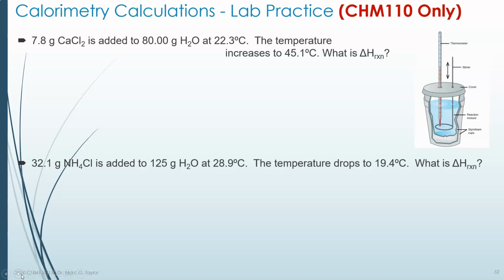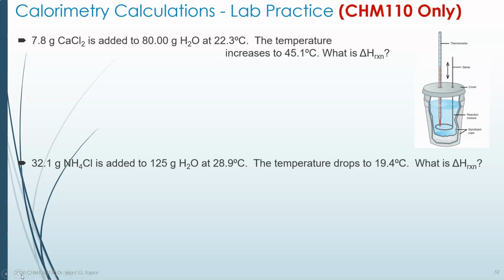Whereas in the second case, we have 32.1 grams of ammonium chloride added to 125 grams of water at 28.9 degrees, and you see now the temperature drops to 19.4 degrees Celsius. So the first reaction is releasing heat to the water, that's exothermic, and the second reaction is absorbing heat from the water, that's an endothermic reaction.